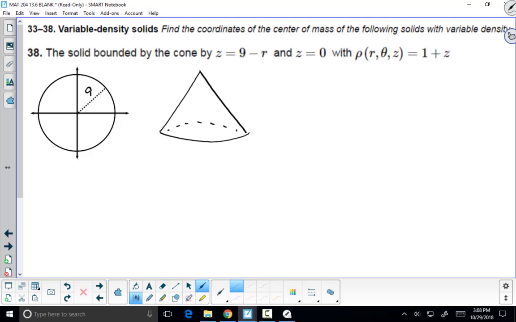I don't think so. So let me ask you this. If you imagine your cone, isn't it true that the density is the same at each horizontal cross section? Because the density is z plus 1. It's different as you go up, but in a symmetric way, right? The x bar and the y bar are going to have to be on that vertical axis because there's just as much density over here as over here on each layer. Each cross section has the same density all around it.